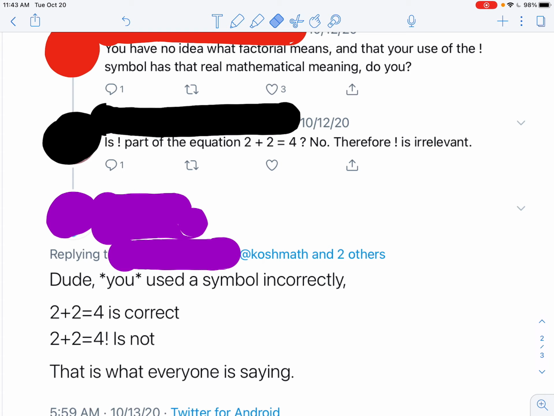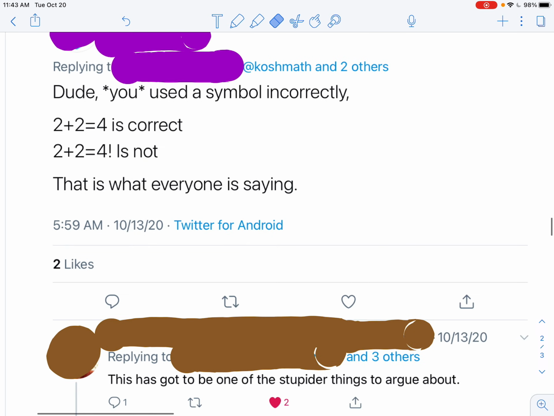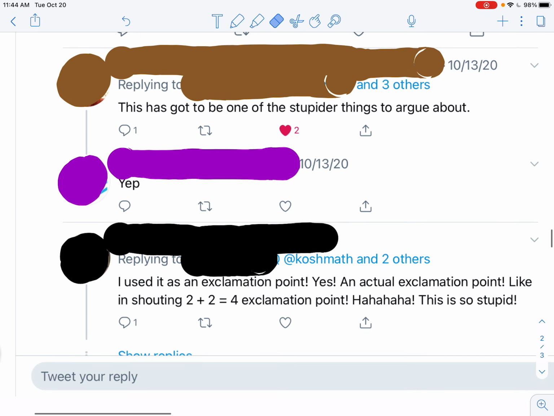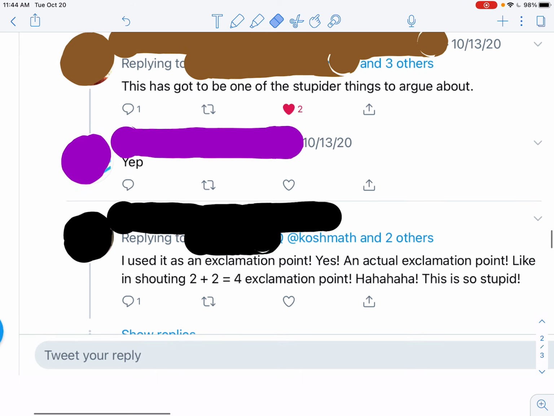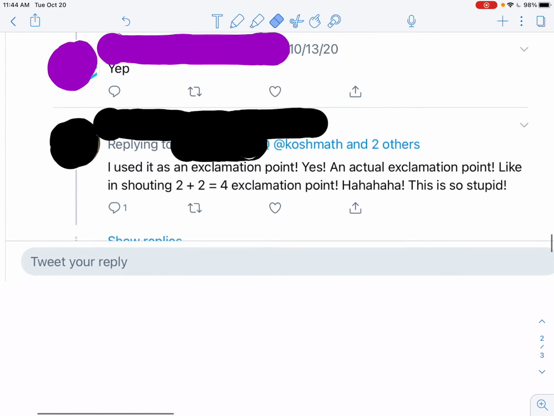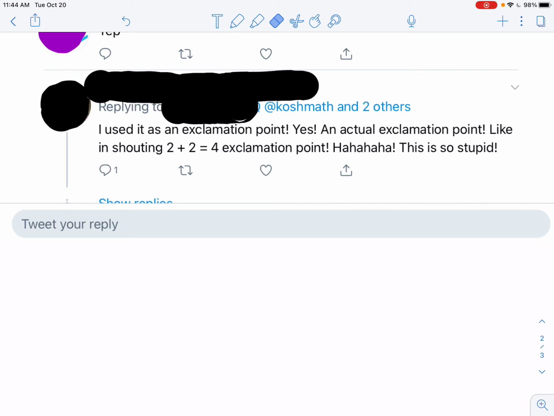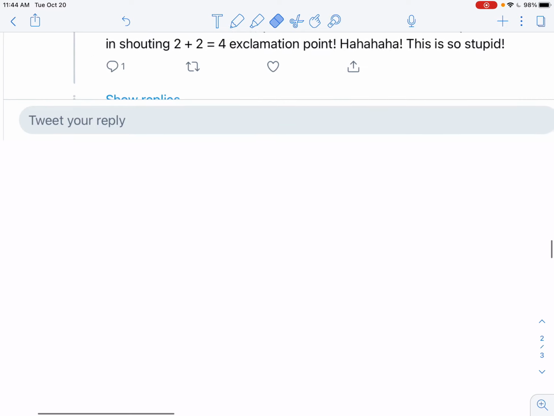No, therefore it's irrelevant. Well, no, dude, you can't write 5 math symbols and then expect the 6th one to all of a sudden not be math. So somebody else said, you used a symbol incorrectly. And then it got even better. This has got to be one of the stupider things to argue about. So the poor dude, anyway, he never learned, and he used it as an exclamation point. Yes, an actual exclamation point, like shouting. This is so stupid. Well, he's right.